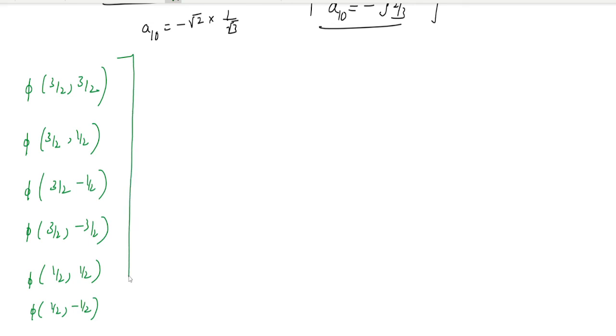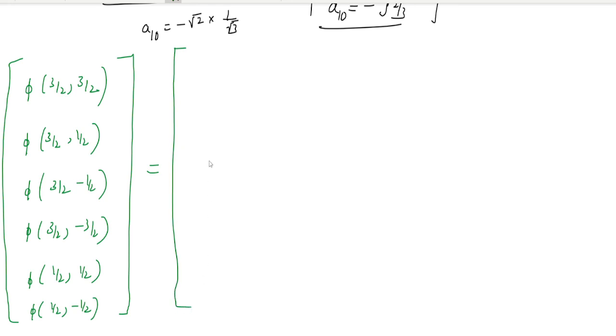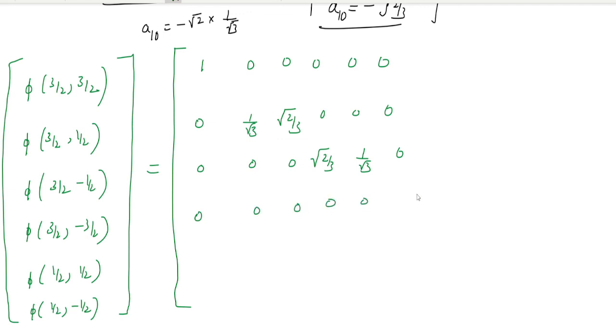So I'm using square bracket, square bracket equal to a1 coefficient 1 0 0 0 0 0 and this thing 0 1 divided by root 3 root of 2 divided by 3 0 0 0 and third one 0 0 0 root 2 divided by 3 1 divided by root 3 0 and fourth one 0 0 0 0 0, yes, we got 1.